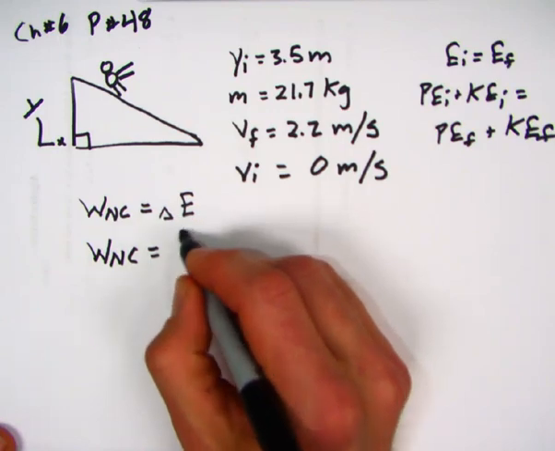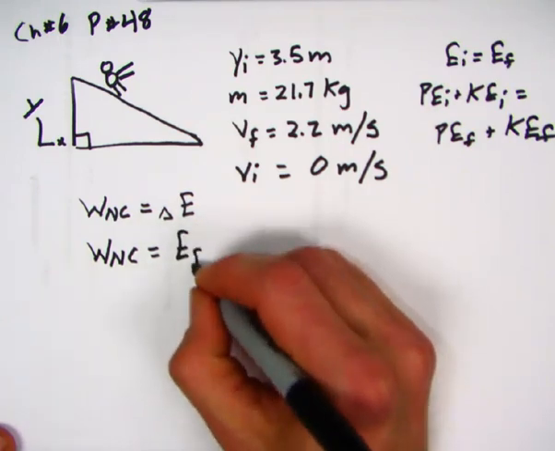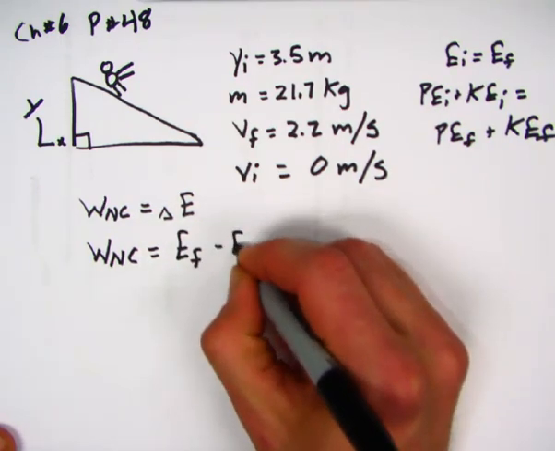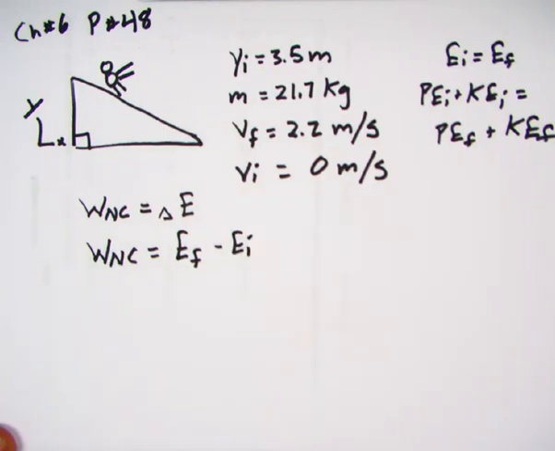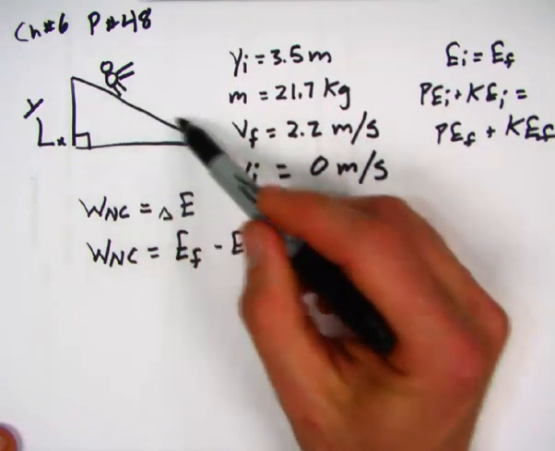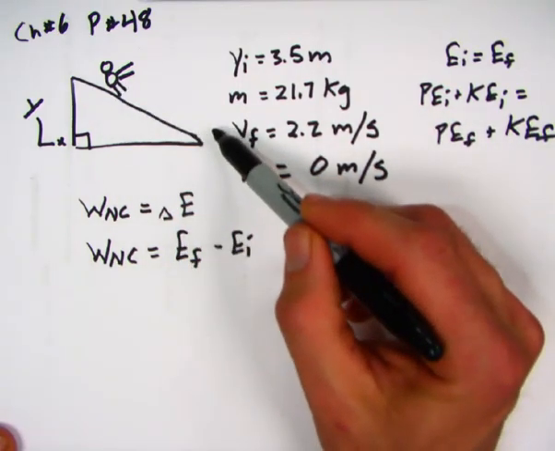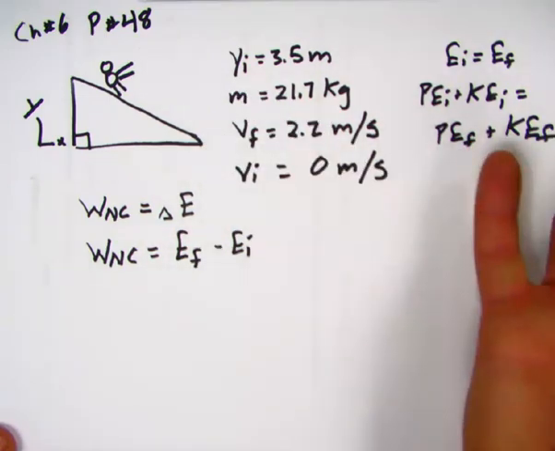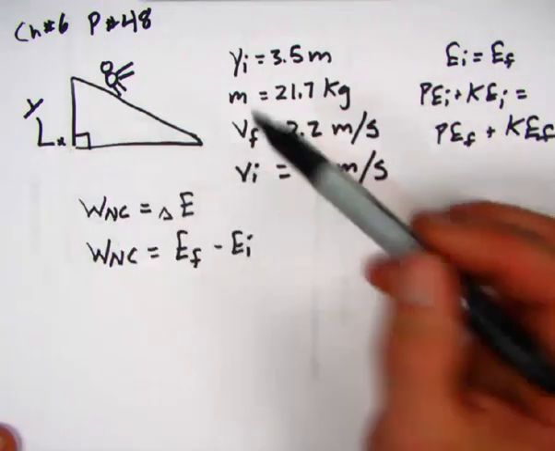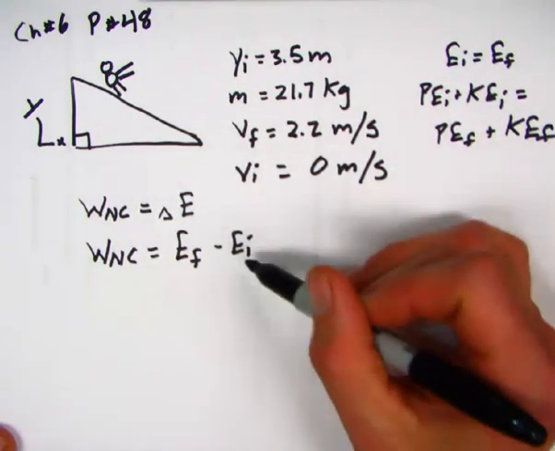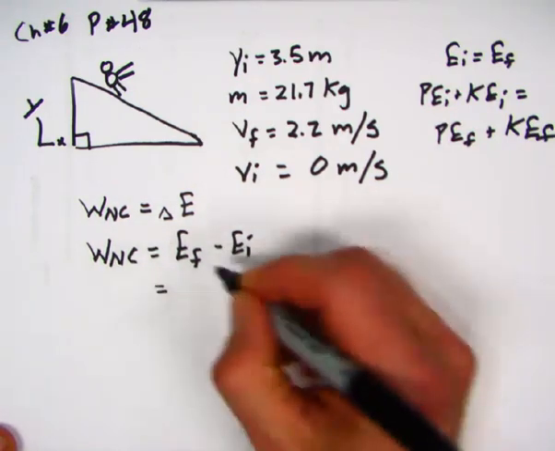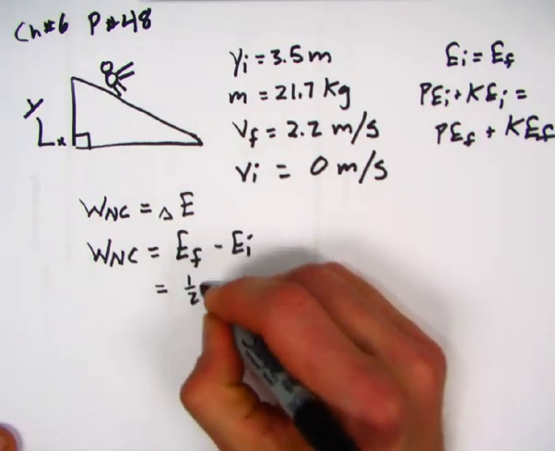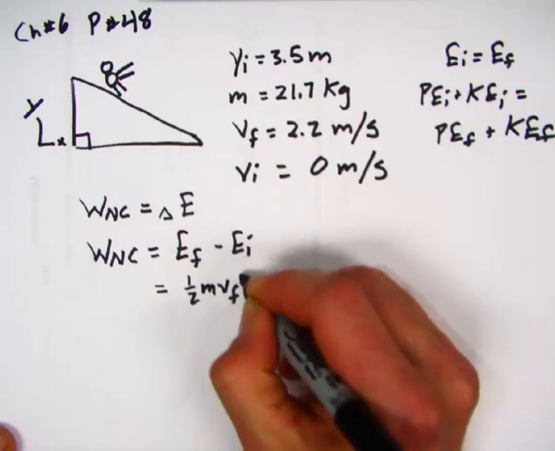So change in mechanical energy would be EF, final mechanical energy, minus EI. Okay, well, what kind of mechanical energy would we have at the end here? We'd have no potential energy because we'd be on the ground, and we've chosen 0 to be the ground. But we would have some kinetic energy, some 1/2 mvf squared, right?